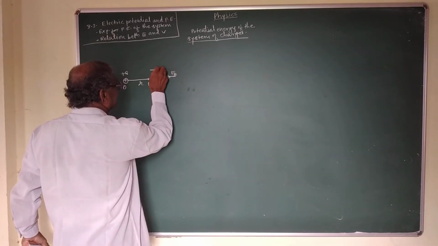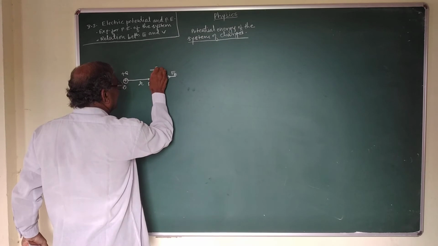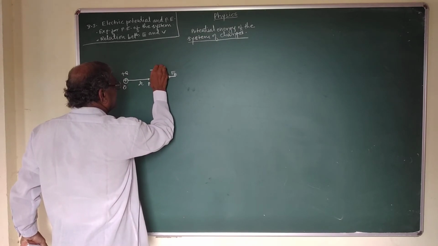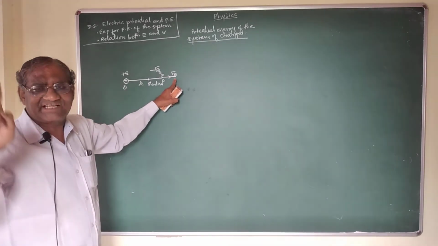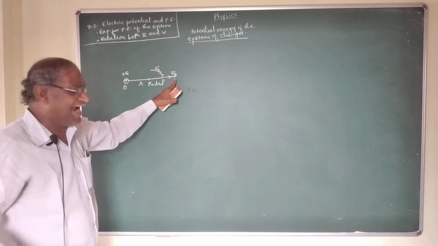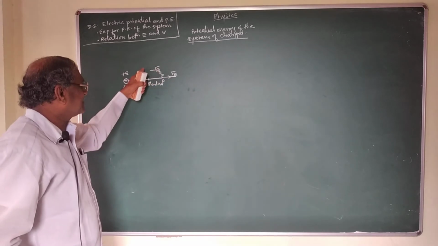But we have to move this q0 charge from P to P dash through a very small distance dr. We have to apply an external force of the same magnitude as this force, but in the opposite direction. It means that this applied external force is of the same magnitude as this force of repulsion.